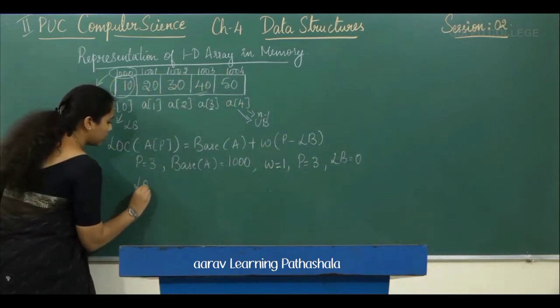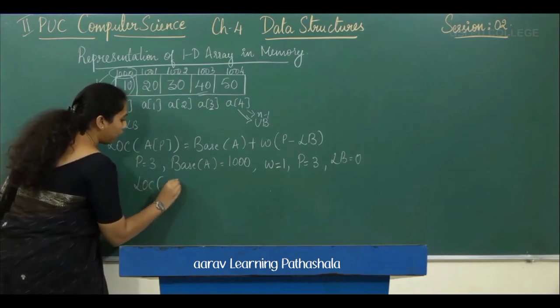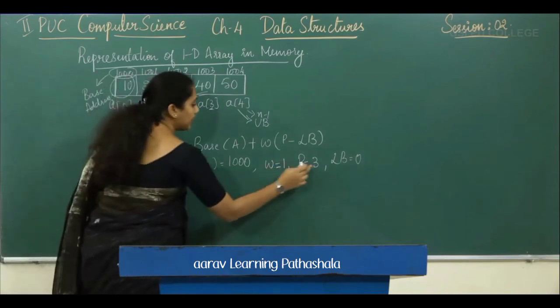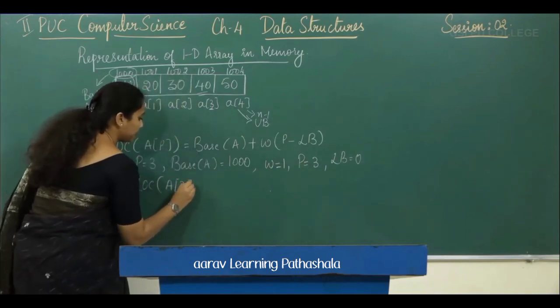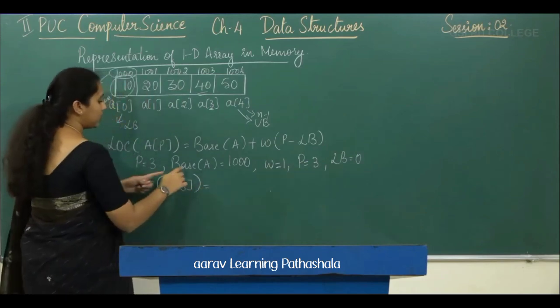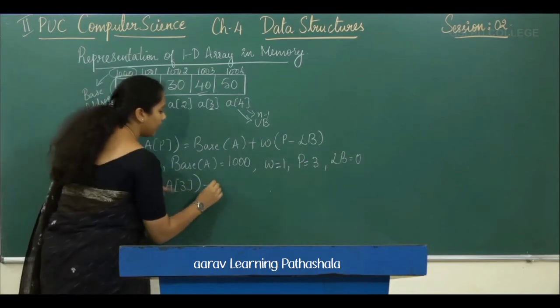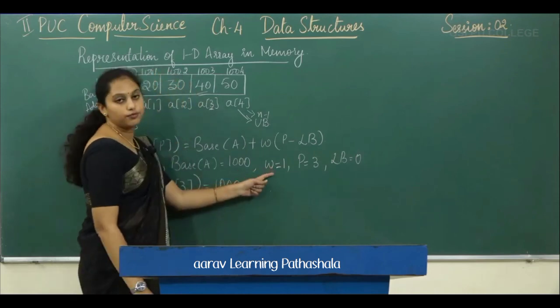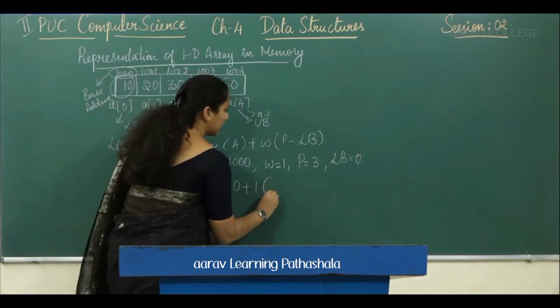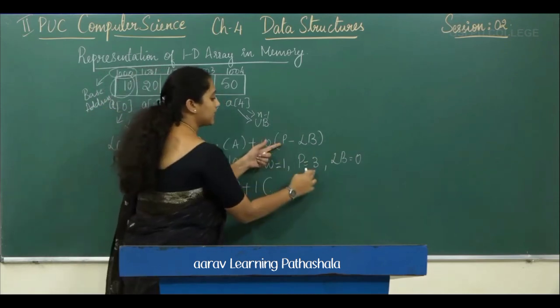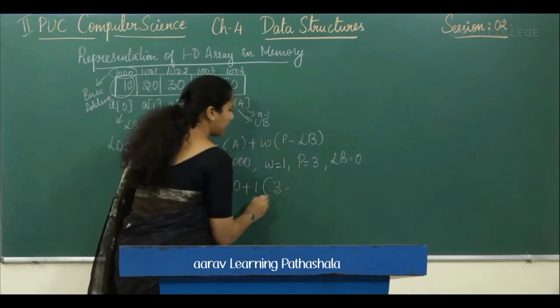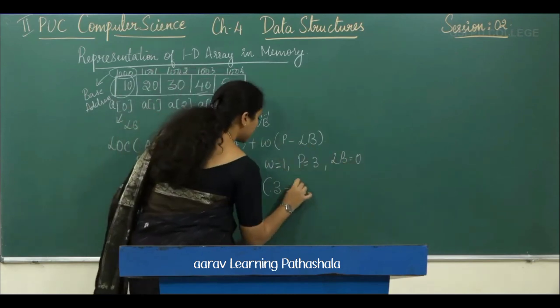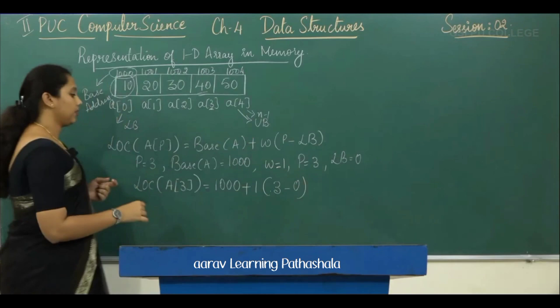Location of A of 3 is equal to base of A, which is 1000, plus the value of W, which is 1, times the value of P, which is 3, minus the lower bound value, which is 0.